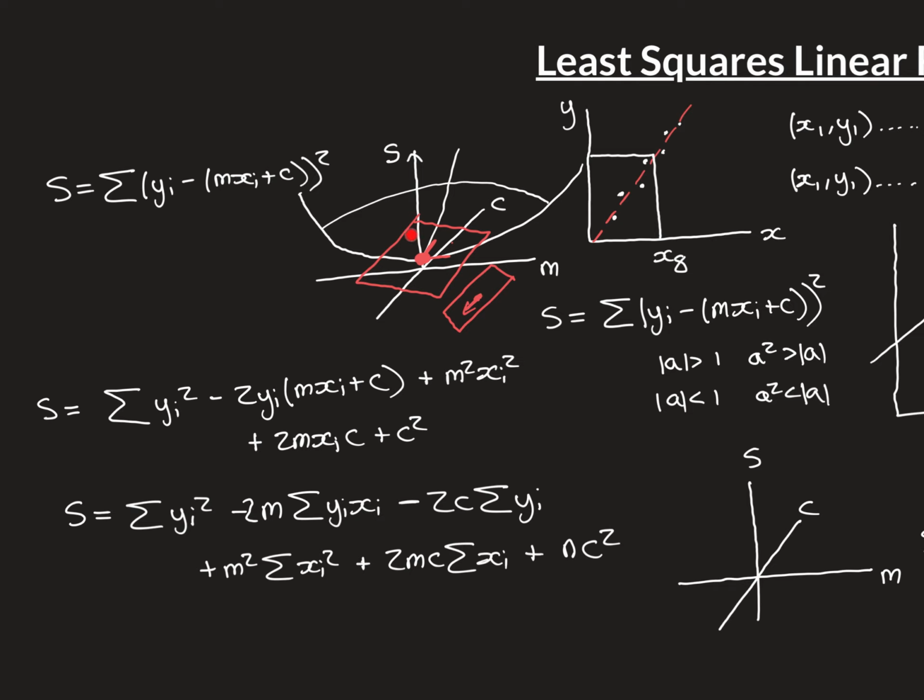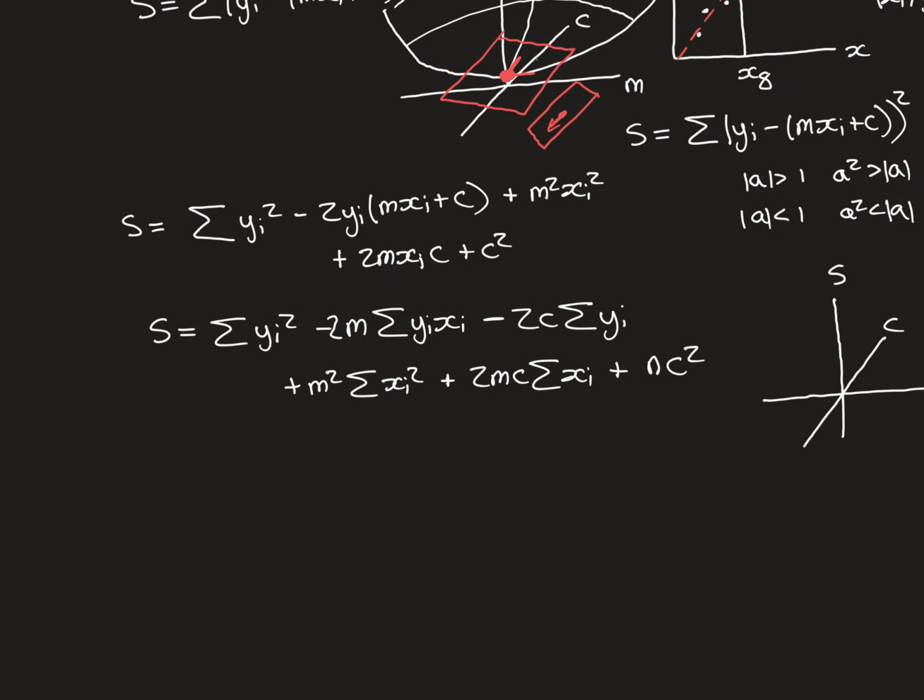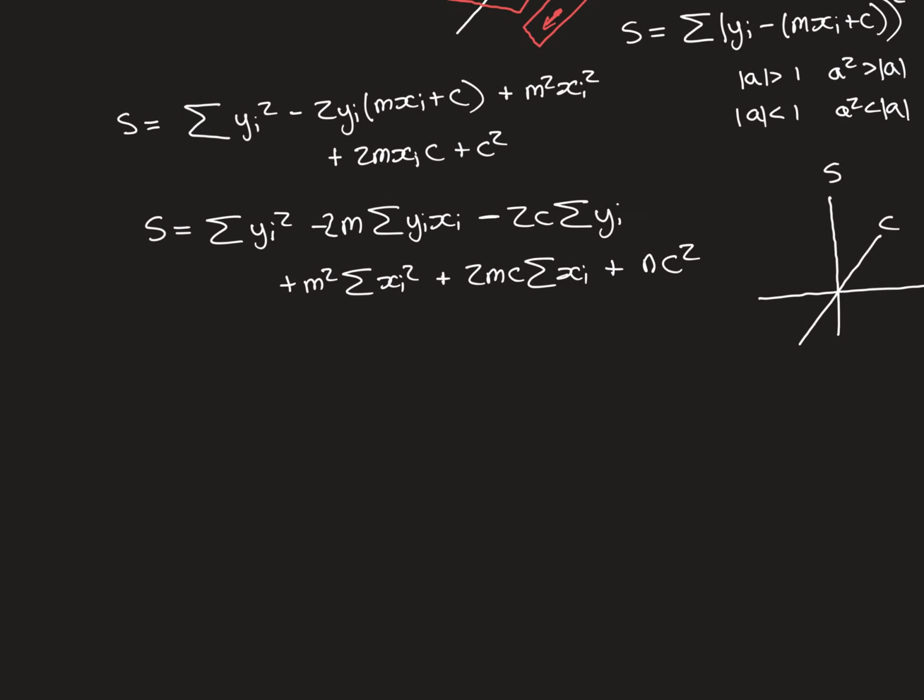So at the minimum, the tangent plane is going to be a level plane, and therefore the partial derivatives of this function have to both go to 0. So the partial derivative of s with respect to m is going to need to equal 0, and the partial derivative of s with respect to c is also going to need to equal 0 at the minimum.